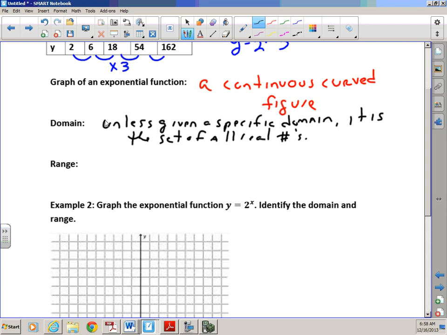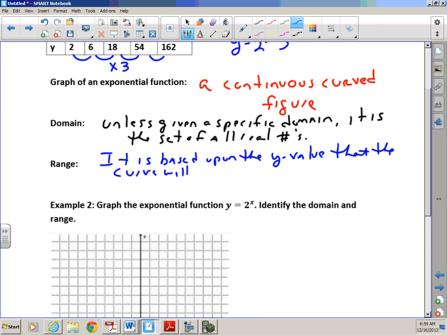Okay? So unless I tell you use these x values, every x value is up for grabs and can be used. The range is a little bit trickier. It is based upon the y value that the curve will never obtain, depending upon the curve.